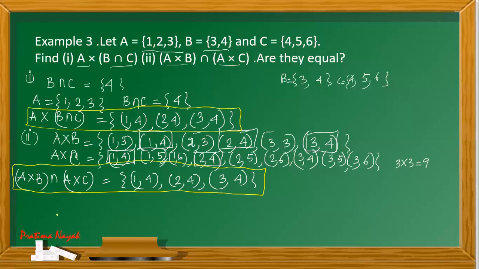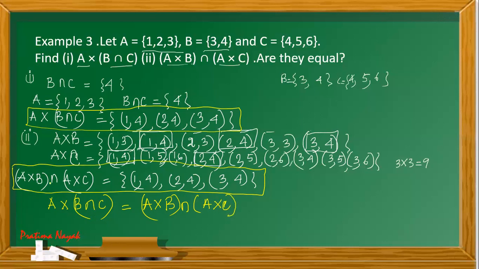That means I am getting a relation now: A cross (B intersection C) is equal to (A product B) intersection (A product C). So this is for intersection.